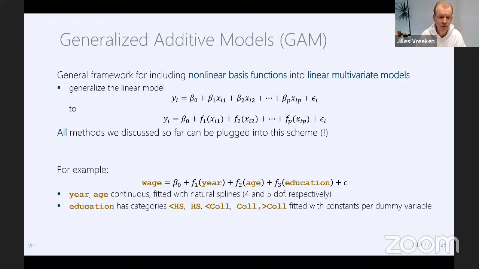Effectively, what we're hiding here is that this function 1 is simply beta 1 times x1. This is the direct translation of that function. But the moment we start to write it as a function rather than just as a beta, that allows us a lot more flexibility. This function can be just a beta, but it can also be something else. It could be a spline. You already know what a spline is.